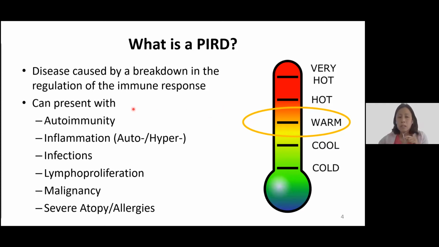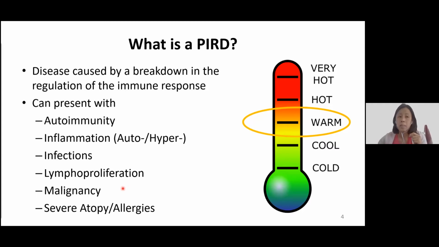And so these patients can present with features like autoimmunity, inflammation. Sometimes it's called autoinflammation or hyperinflammation. Sometimes patients can get a lot of infections. They can develop lymphoproliferation, and what that means is basically the immune cells are expanding rapidly, even though they don't need to be expanding rapidly.